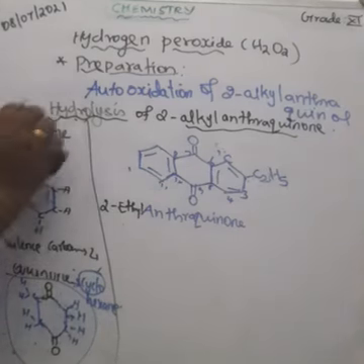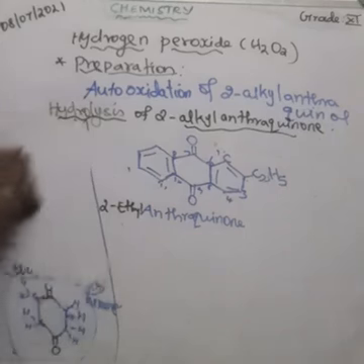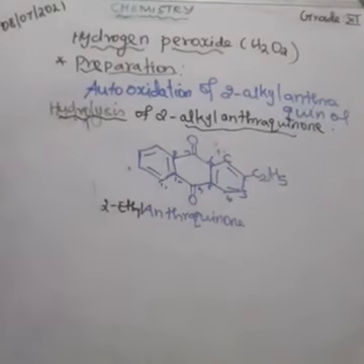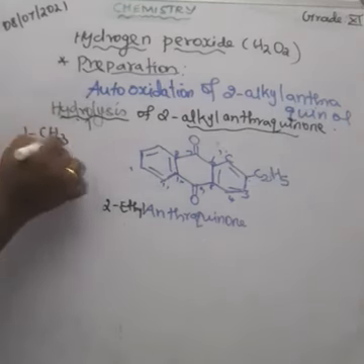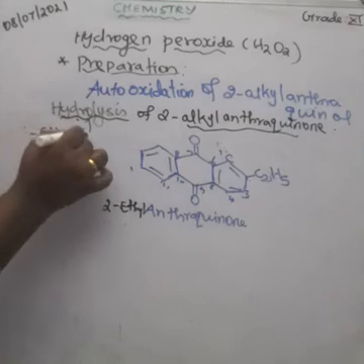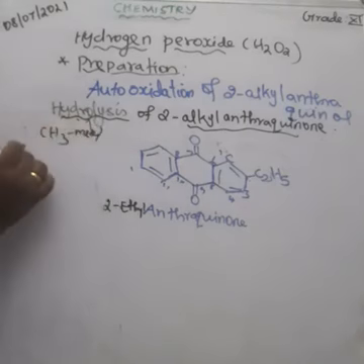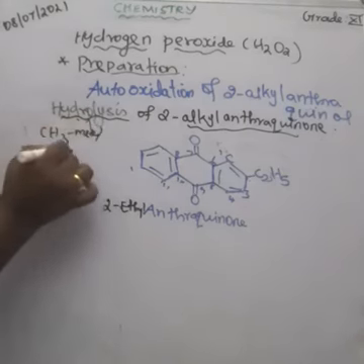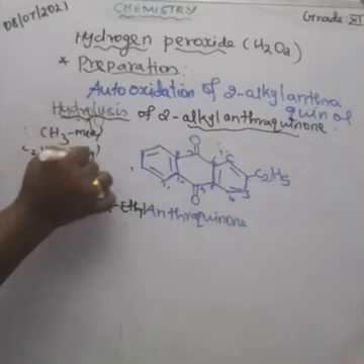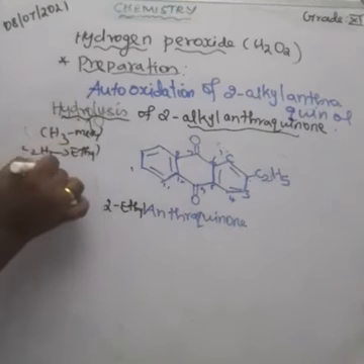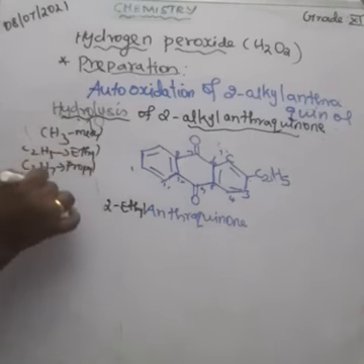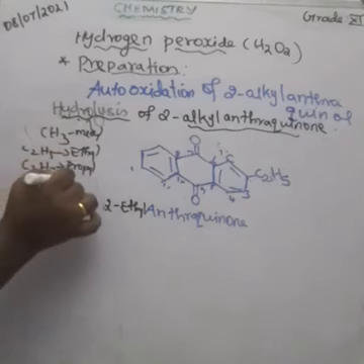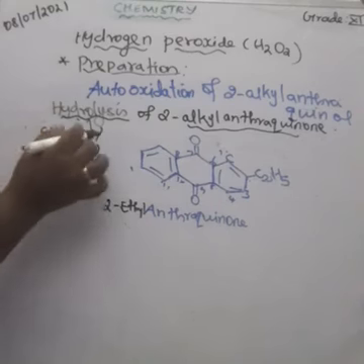For example, one carbon atom and 3 hydrogen atoms is methyl. 2 carbons and 5 hydrogens means ethyl. 3 carbons and 7 hydrogens means propyl. 4 carbons and 9 hydrogens we call butyl, 5 carbons means pentyl, 6 carbons means hexyl.